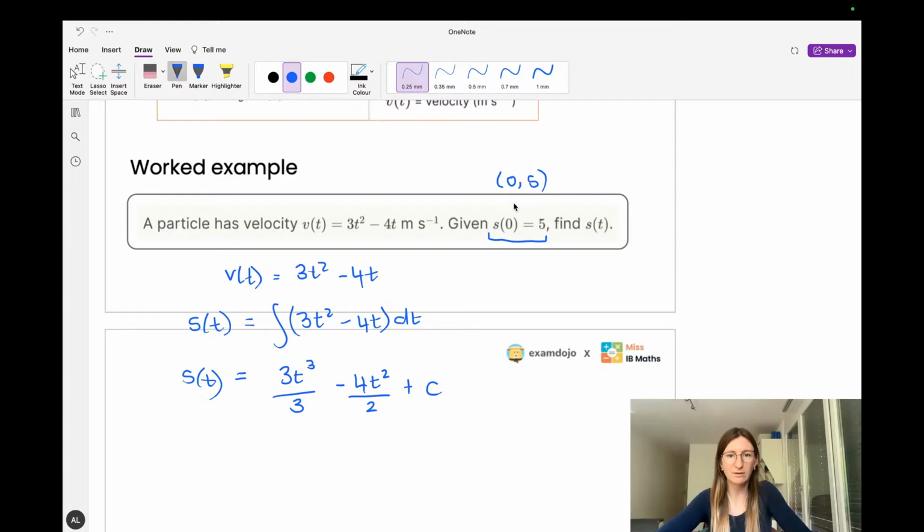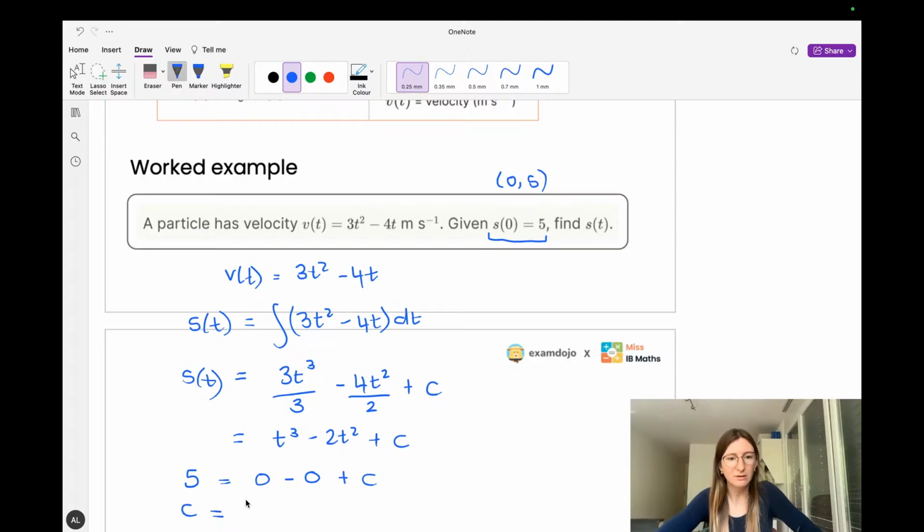We love it when they give us 0 because that's just going to make these disappear. Let me actually simplify this a little bit: t cubed minus 2t squared plus c. And let's substitute. So we're going to put t equals 0, because 0 cubed is just 0, minus this term will become 0 as well, plus c.